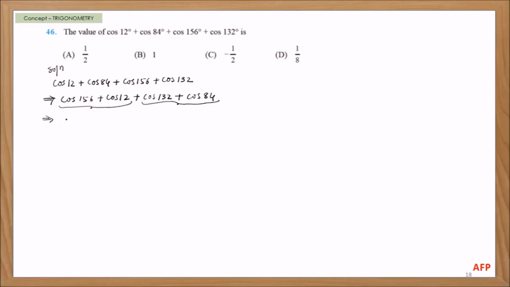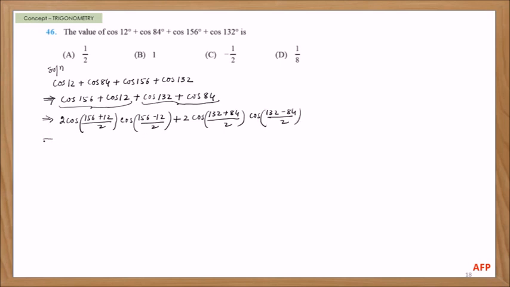Cos A plus cos B equals 2 times cos((A plus B) divided by 2) cos((A minus B) divided by 2). Next, 2 times cos((A plus B) divided by 2) cos((A minus B) divided by 2).